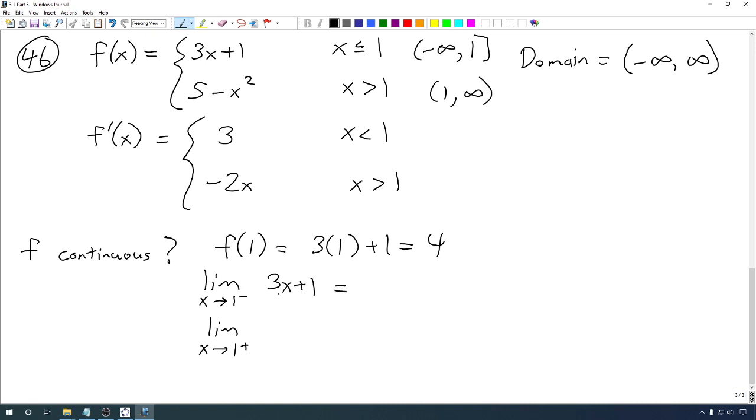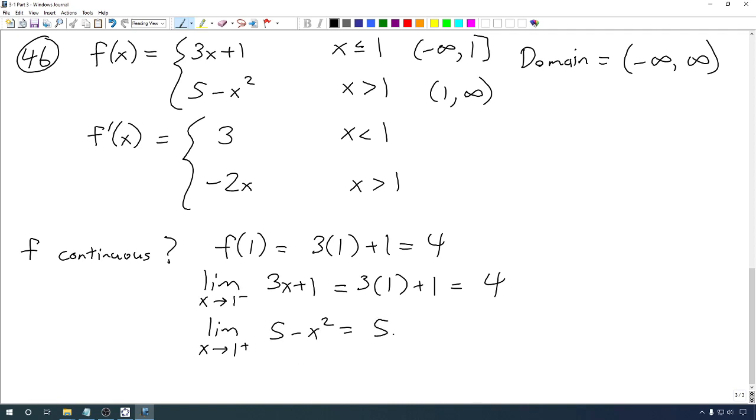So what is the limit of 3x plus 1 as x goes to 1 from the bottom? Well, because this is just a polynomial, this is actually a linear function, we can evaluate it by just plugging in x equals 1. Which, of course, is the 4 like we saw before. It's what happens on the other side that's a little bit more important, though. Here, again, it is a polynomial, so it is actually easy to evaluate the limit.